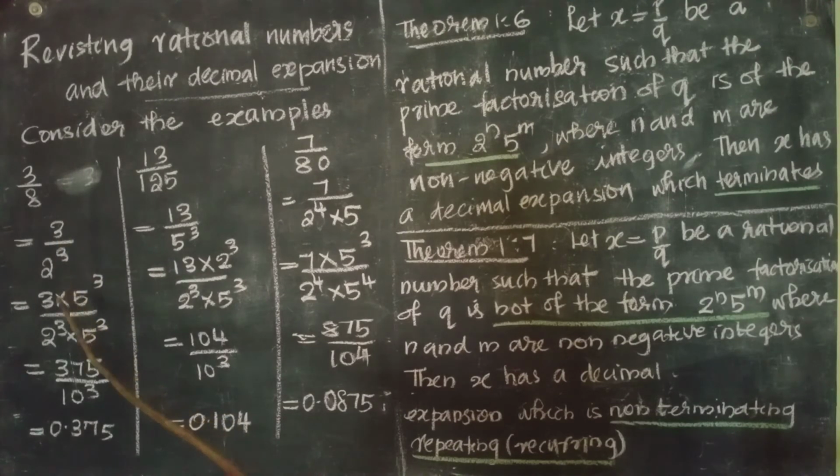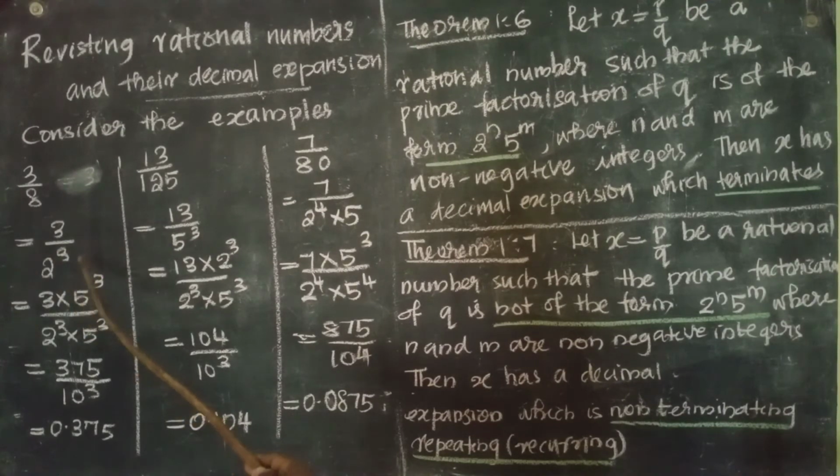If we make it into powers of 10, it is easy to find out the decimal expansion. So we can make the denominator into powers of 10. 2 cube, if we multiply with 5 cube, it will become a power of 10. So multiply both the numerator and denominator with 5 cube. We get 3 into 5 cube by 2 cube into 5 cube, equal to 375 by 10 cube, equal to 0.375.